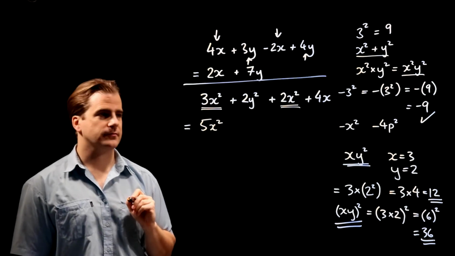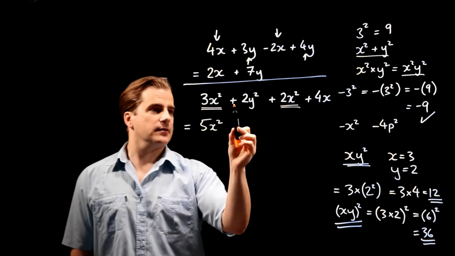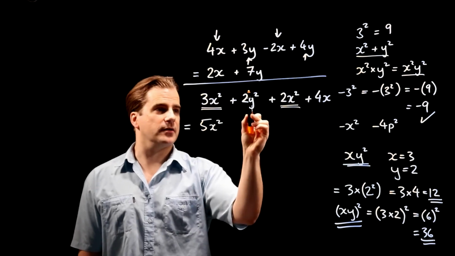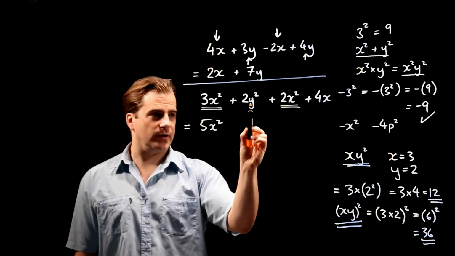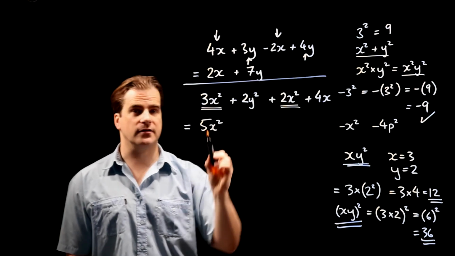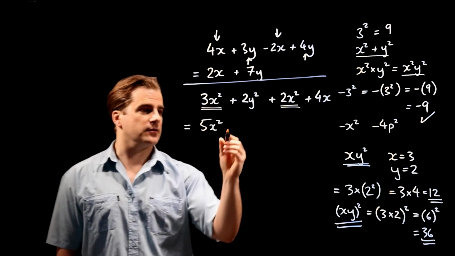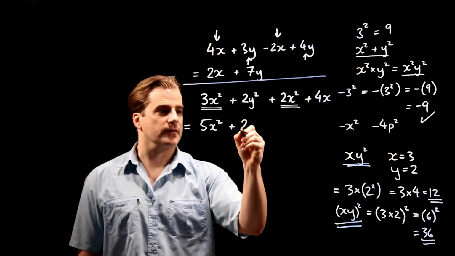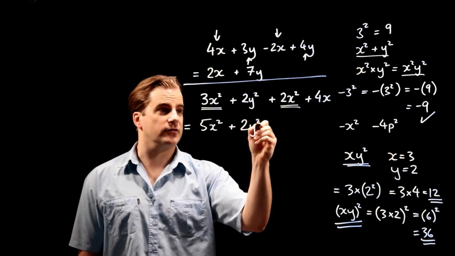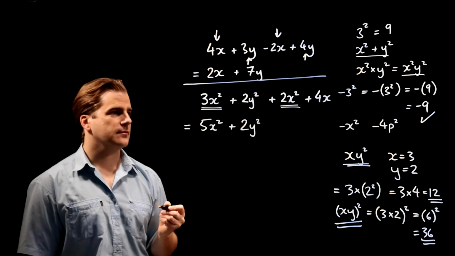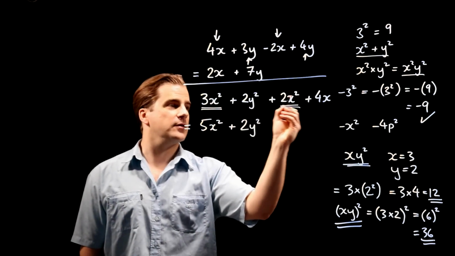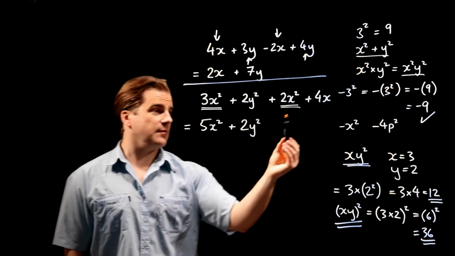Okay? So we've dealt with those two. Let's do this one. The only other terms we can combine this one with are other y squared terms. But there are no y squared terms other than that one, so we leave that one alone. And that's just left as 2y squared. So we've done that one, and that one. It's just this one left. Same thing.